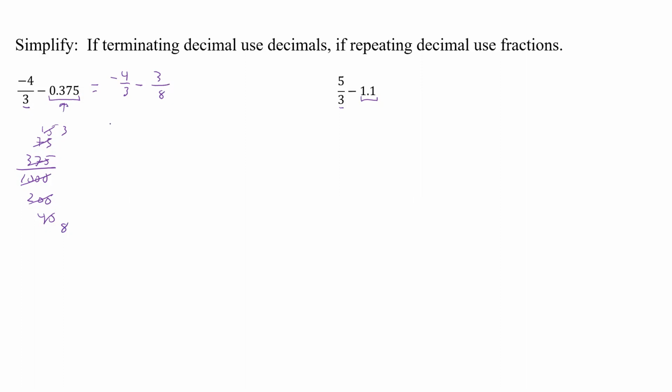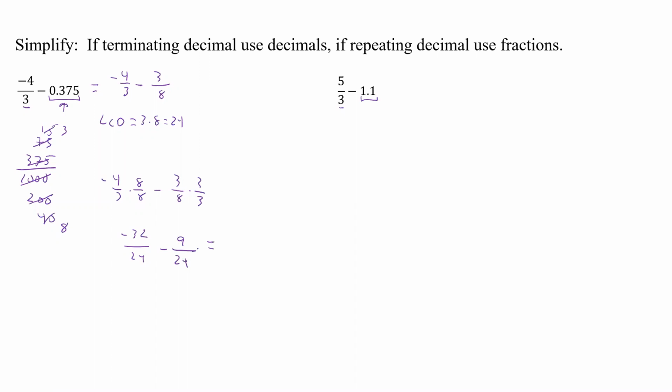All right, so now we have an LCD. It's going to be basically 3 times 8, which is 24. So we'll take a minus 4 over 3 times 8 over 8 minus 3 over 8 times 3 over 3. So here we have a minus 32 over 24 minus, and then 3 times 3 is going to be 9 over 24.